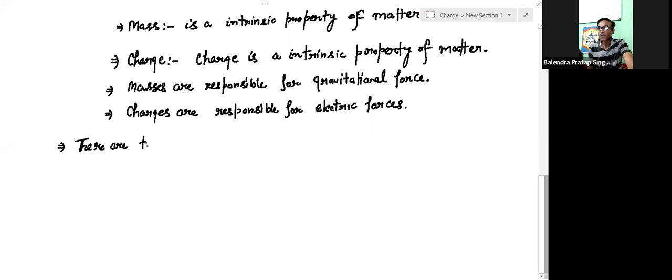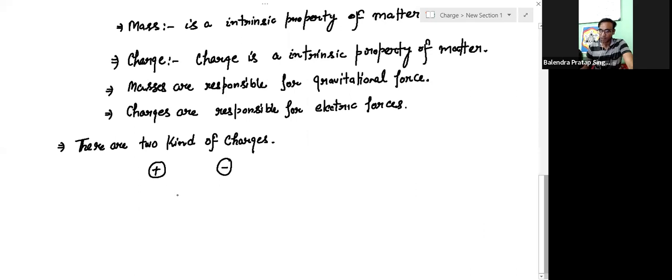One charge is positive and another charge is negative.